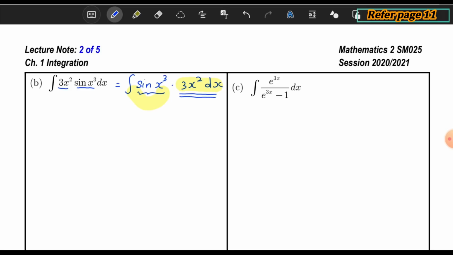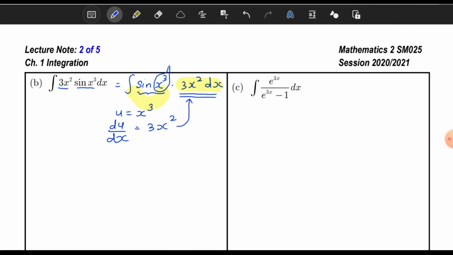So, untuk kes ini, kita akan guna angle of the trigo function as u. So, we use u equals to x cubed. Dan kalau kita differentiate, du dx equal to 3x squared. And for this case, it is exactly equal to the remaining function, the function at the back.